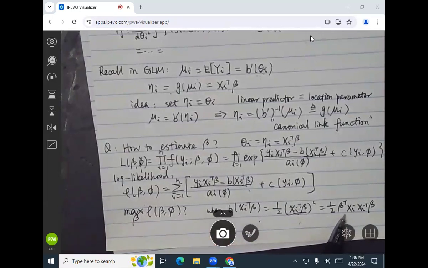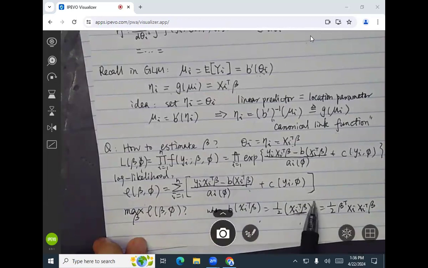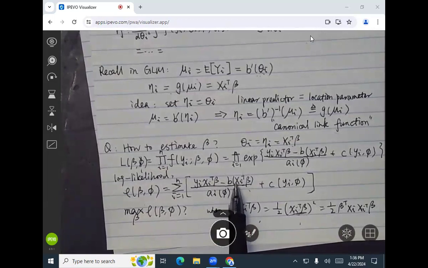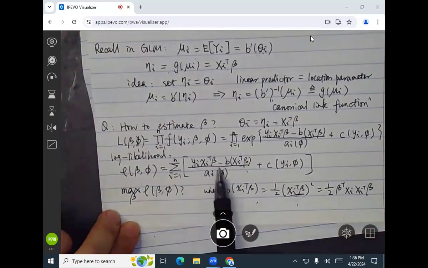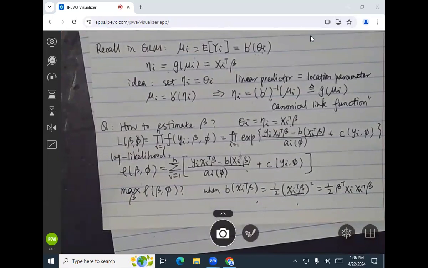That's exactly what we get for the linear model case, right? But for more general b, for other distributions where b is not so nice, then we will have a problem. That's why when it comes to the generalized linear model, the optimization becomes a bigger challenge than the linear model.